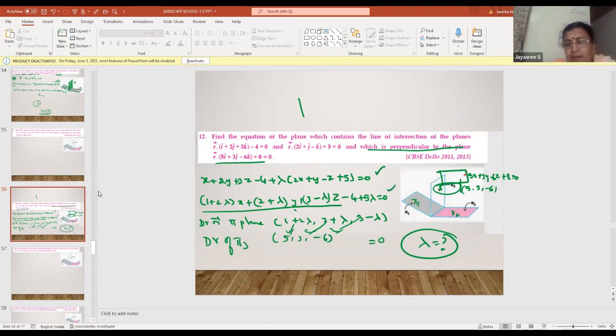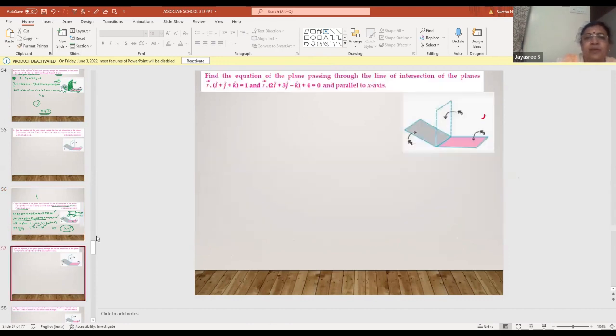This is the second pattern, line perpendicular to line. And the third is the equation of the plane passing through the line of intersection of the two planes and parallel to the x-axis. So here we are finding the plane π. After we find the π plane, that is parallel to the x-axis.